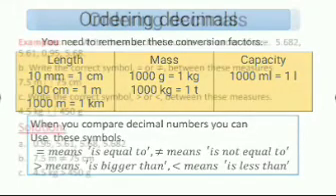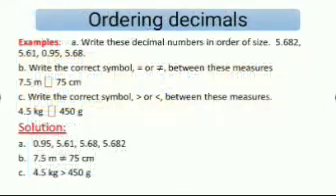So if you have 1 kilogram, multiplying by 1,000 will give you the equivalent in grams. So 4.5 multiplied by 1,000.